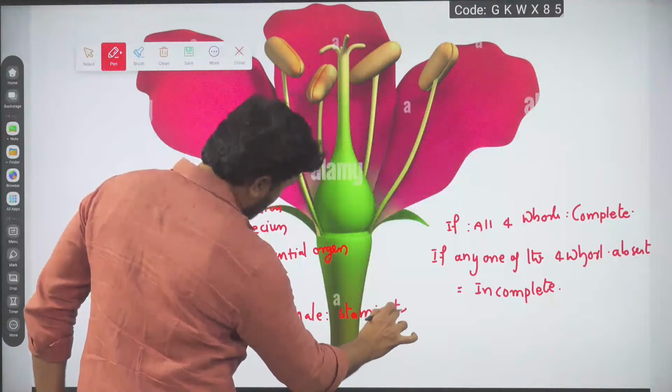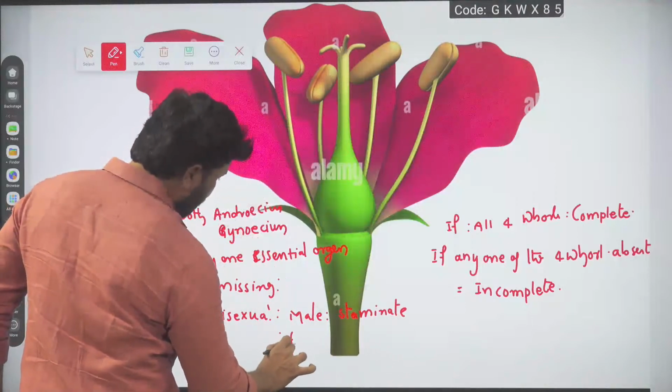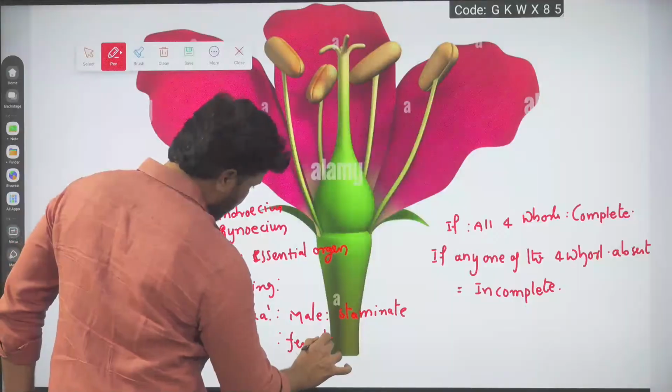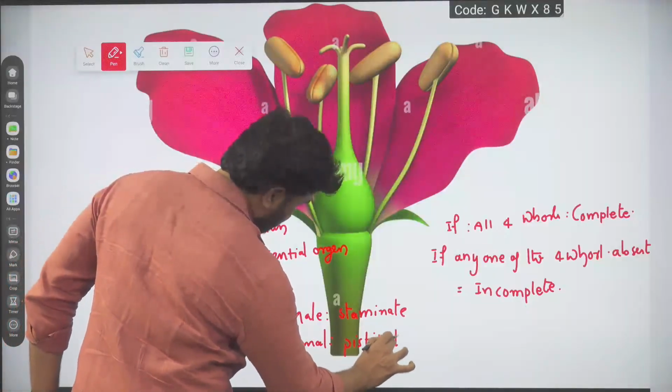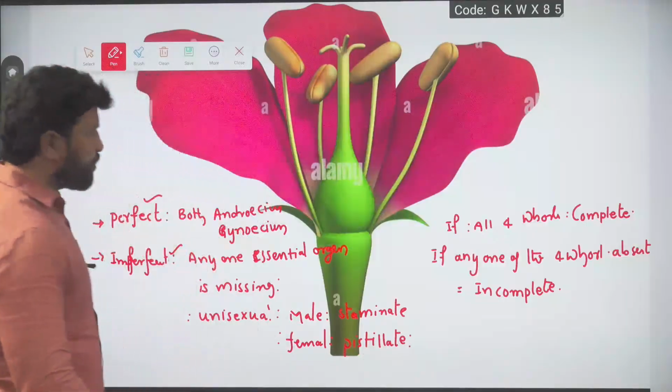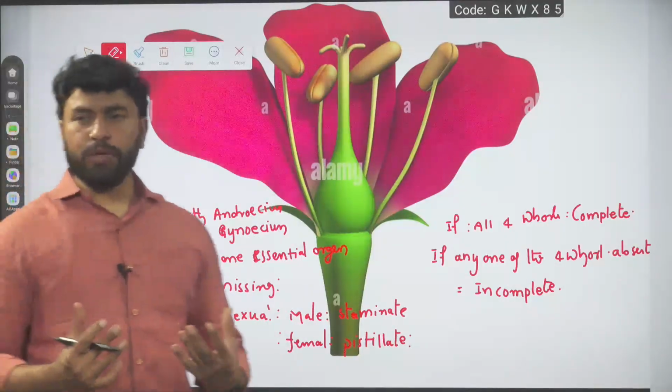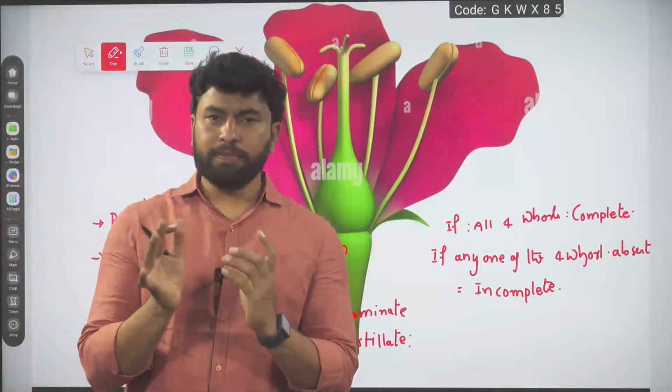If they have only gynoecium, they are female flowers, also called pistillate flowers. These are the terms generally we apply to represent a flower and its parts.